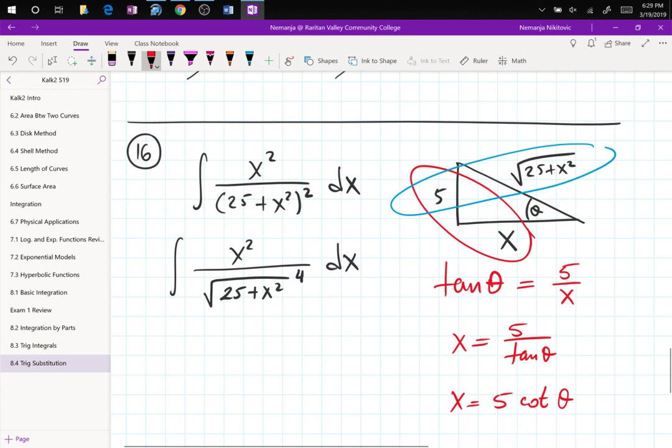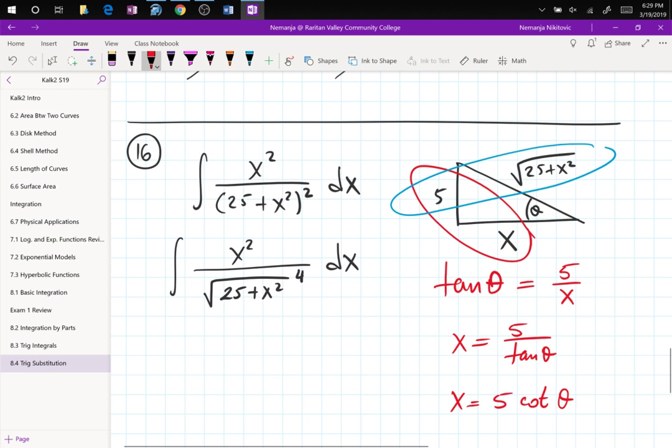Is that the one you want to use? No. Can you escape it? Yes. It's very simple to escape this. You switch 5 and x. It doesn't matter where they are, because we know that under the square root that has a plus, there are 2 legs.